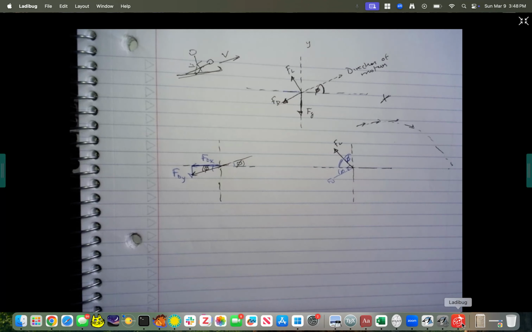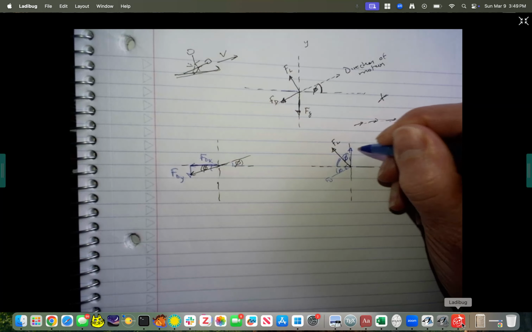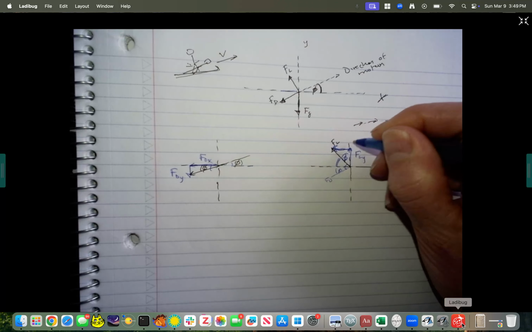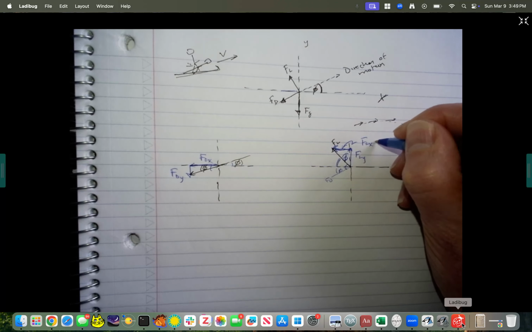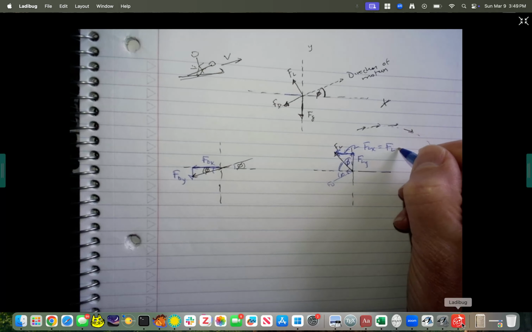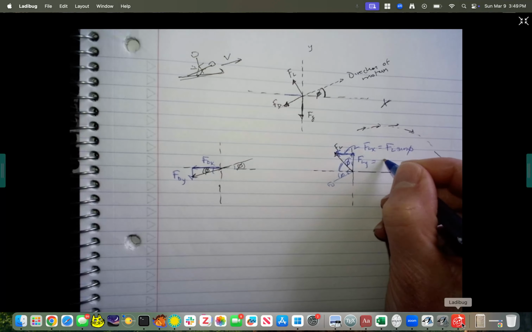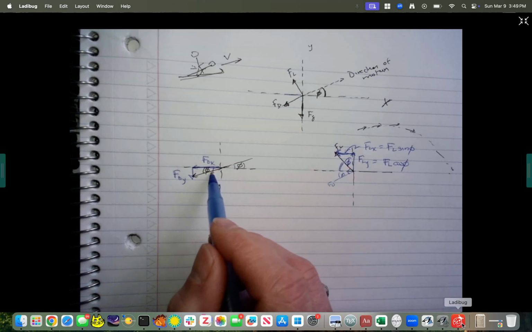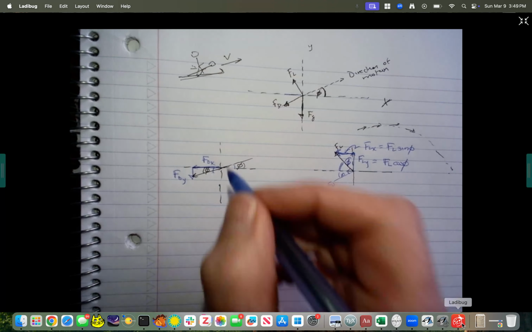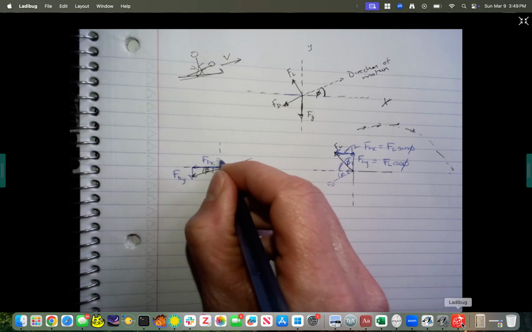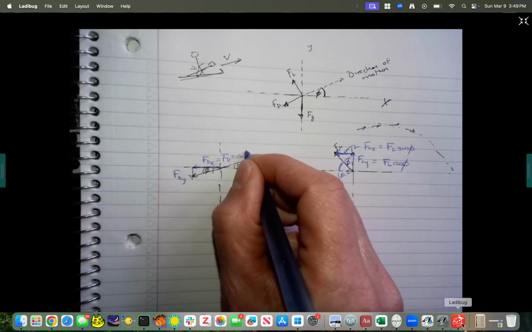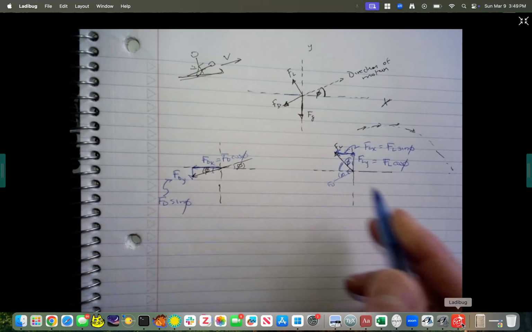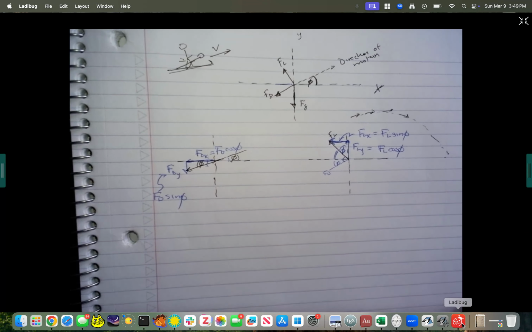We have a y component of lift that'll be the adjacent side, and then the x component is the opposite side. F lift x is F lift sine phi, and F lift y is F lift cos phi. On this drag triangle, x is the adjacent side, so this is F drag cos phi, and the y component will be F drag sine phi. So we kind of have the opposite trig functions for the lift and drag.